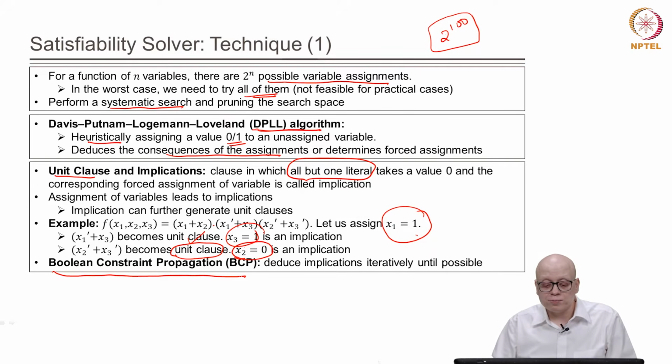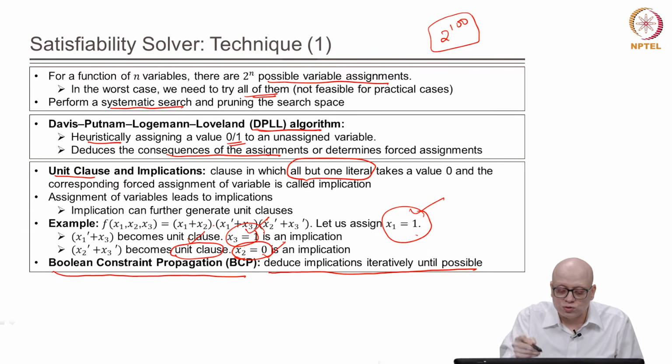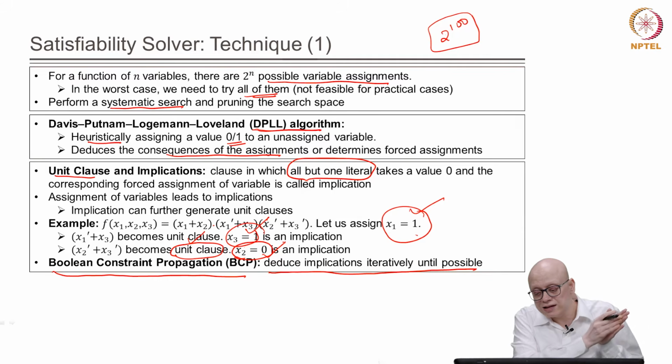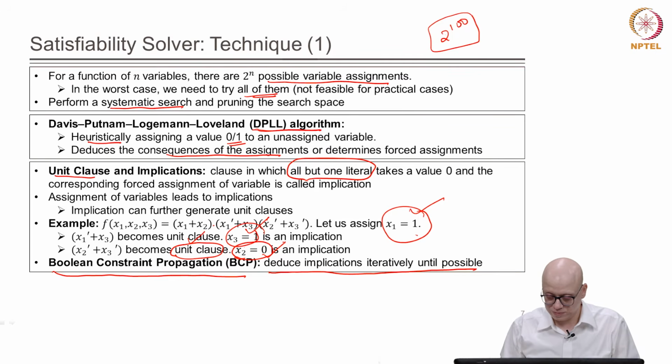In Boolean constraint propagation, it deduces implications iteratively until possible. Here we started with x1 equal to 1, and then x3 equal to 1 and x2 equal to 0 were forced. So in Boolean constraint propagation, these implications will be deduced and propagated until it is possible, right.